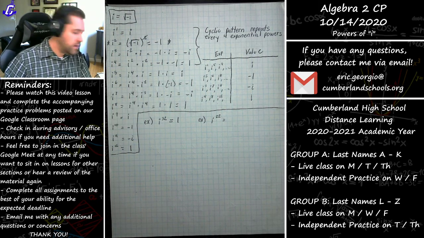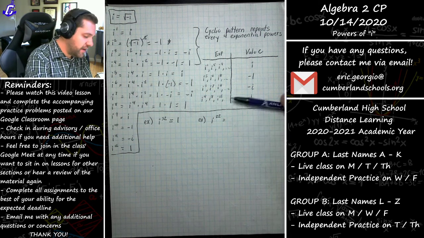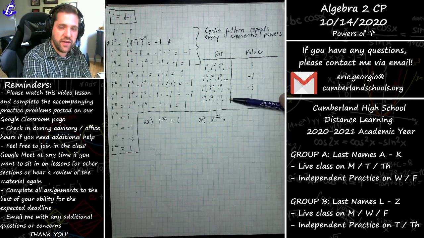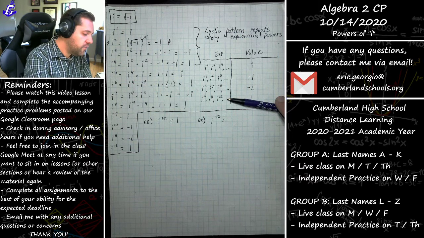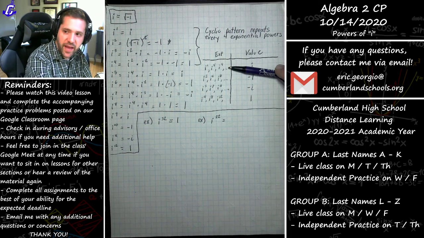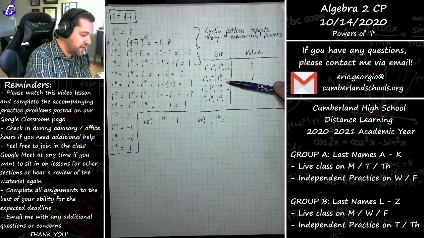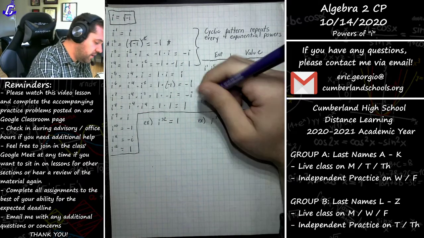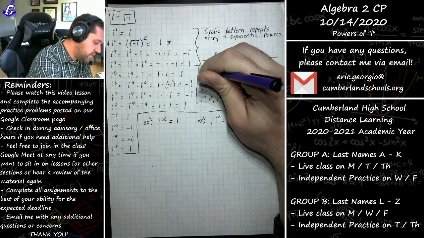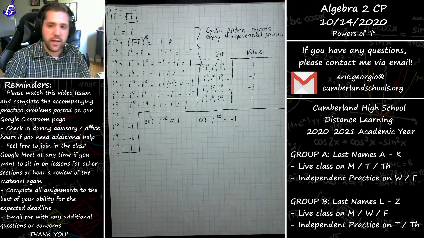So for example, we know that i to the 20th, 20 is a multiple of 4. 20 is the closest you can count without going over 22. So from 20, we could then proceed and say, well, i to the 21st would land us back in this top spot, and i to the 22nd would land us here. So we can say i to the 22nd is negative 1 because this would just cycle around. Okay? Very good.